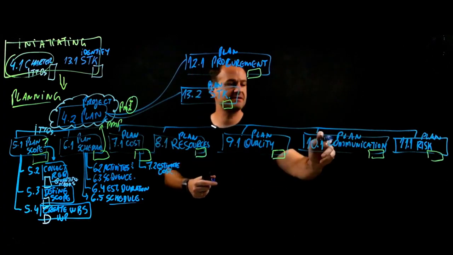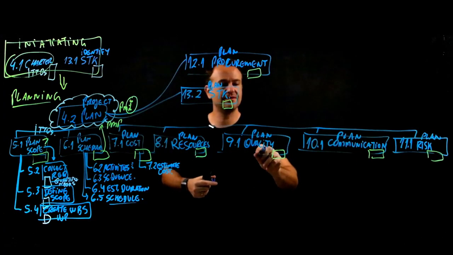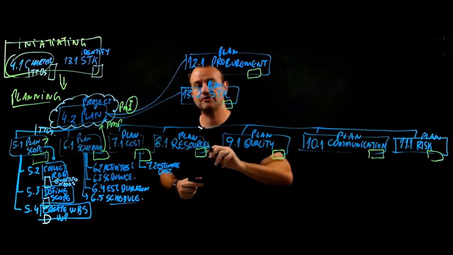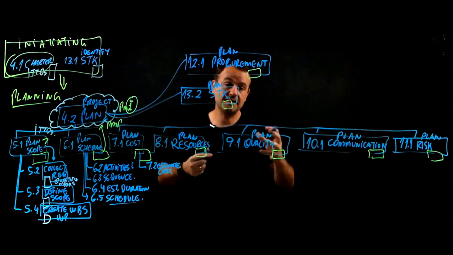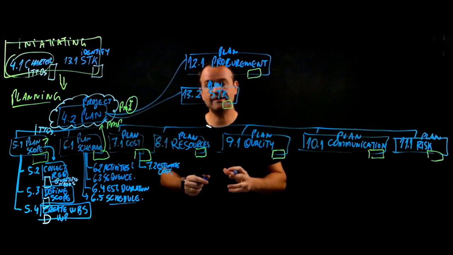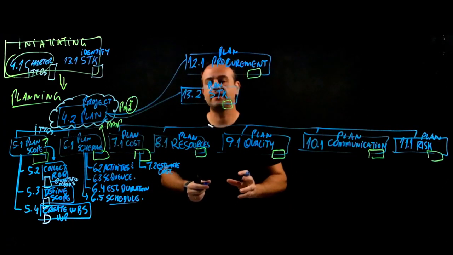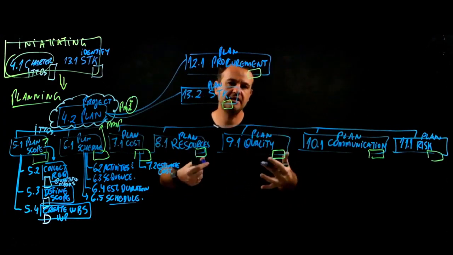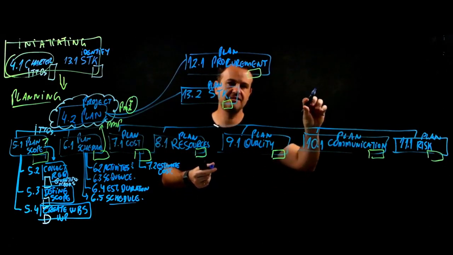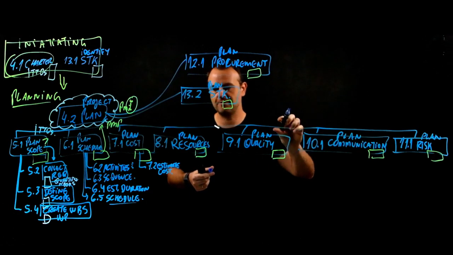And these resources are going to come from the resource management plan, which is 8.1. So as I mentioned to you, these knowledge areas are happening at the same time here in the planning, and we are moving in an iterative process, progressive development of our project management plan.